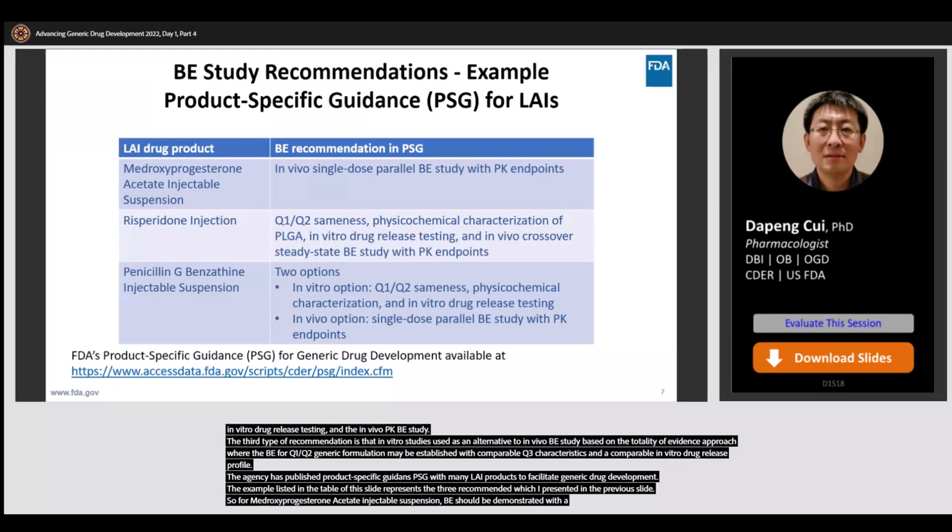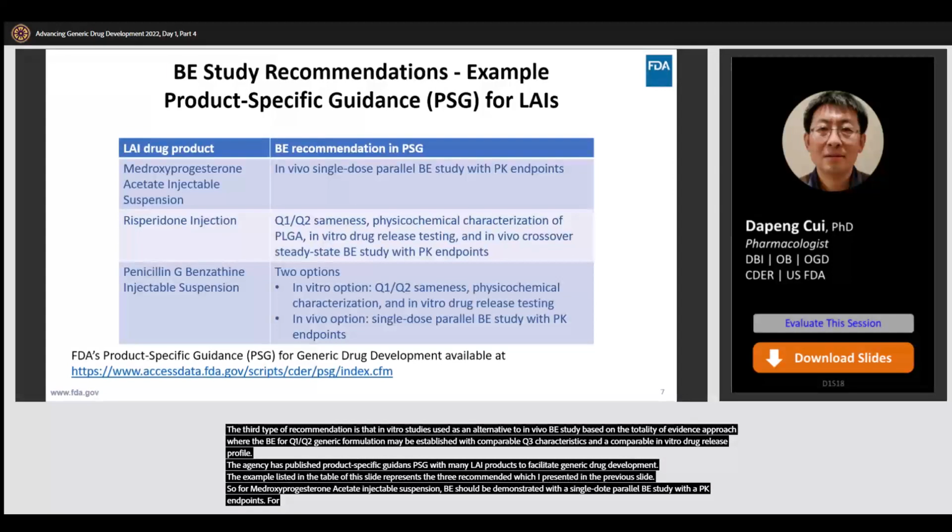For a risperidone injection, the applicant is recommended to provide information on Q1, Q2 sameness, the physicochemical characterization of the PLGA polymer, the in vitro drug release testing, and an in vivo crossover steady-state PK study to demonstrate BE.